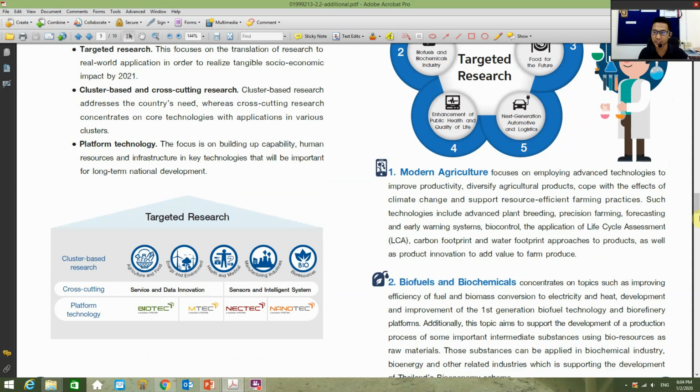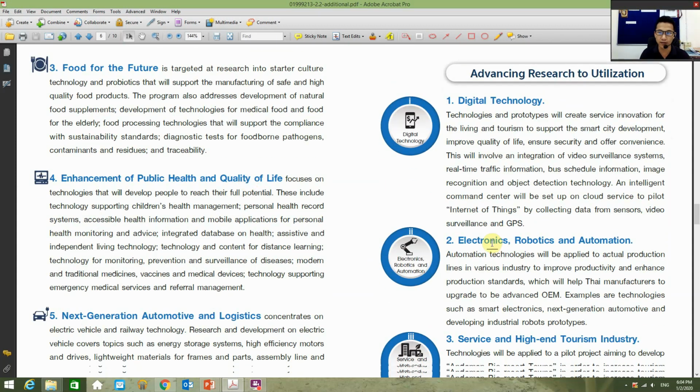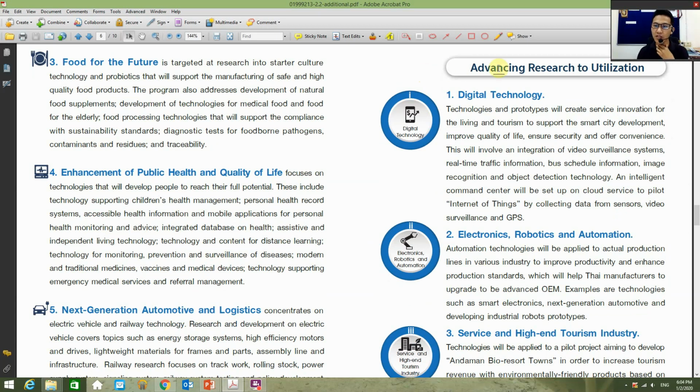So you can see the detail that I just talked about. And of course, advancing research to utilize digital technology. It is kind of out now today, that you can see a lot of robot technology is kind of wiping out digital right now. So we are engaging now with the robotic world, I would say.